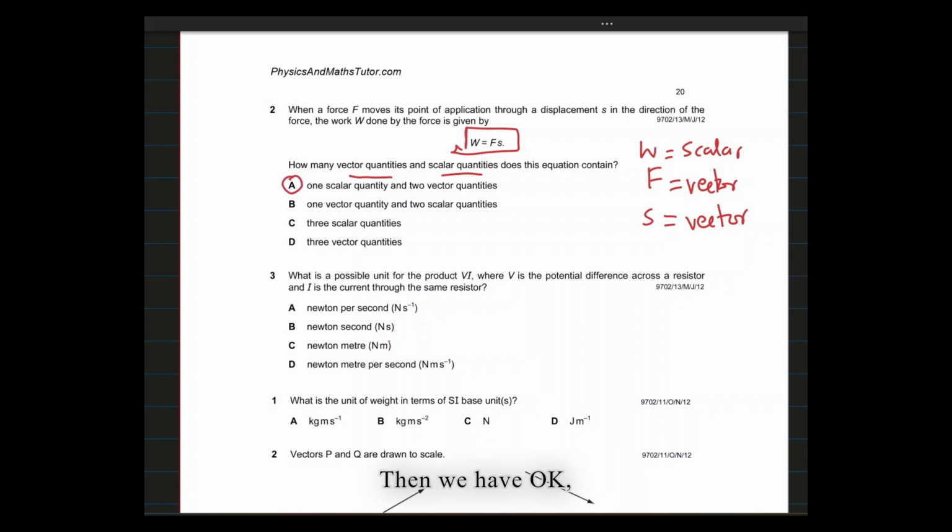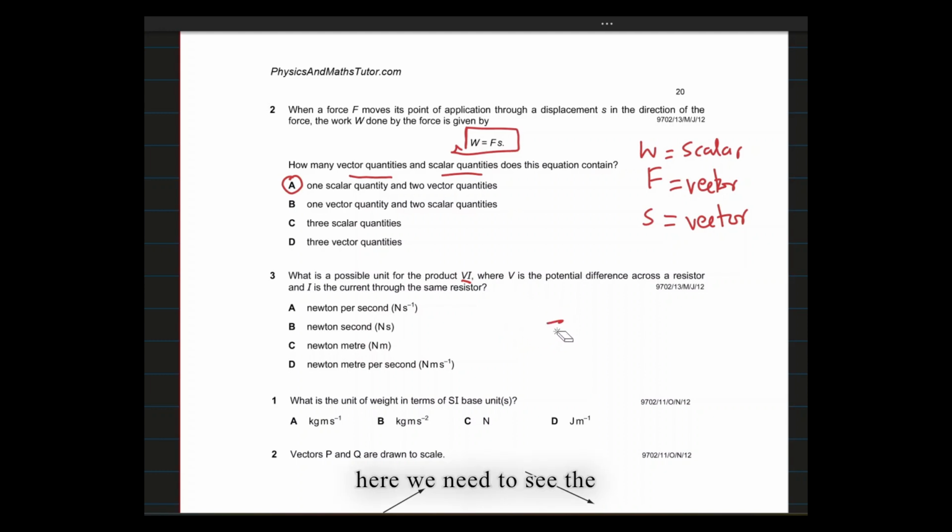Then we have, what is the possible unit for the product VI, where V is potential difference and I is the current. Now we need to look at the possible unit. We know that it is equal to power. Power is also equal to VI.